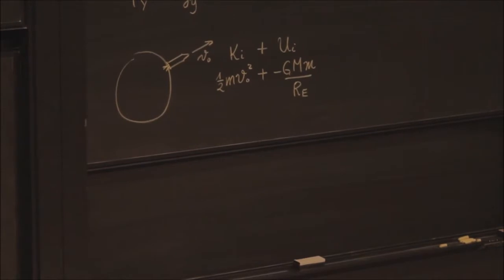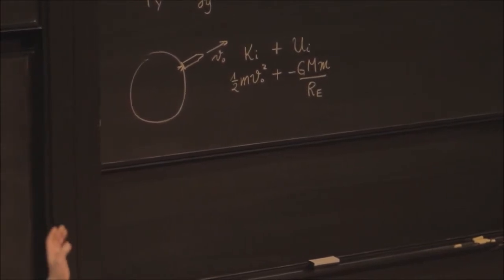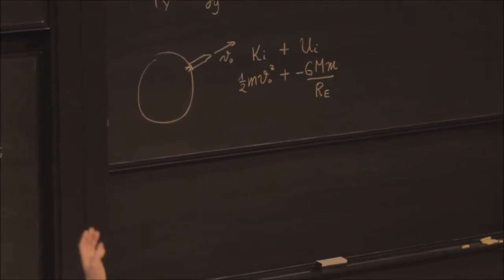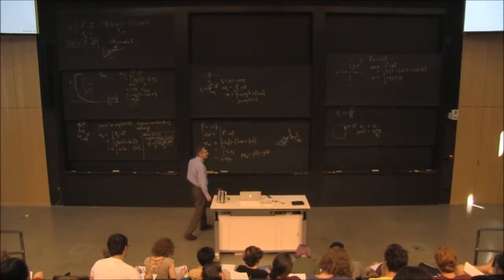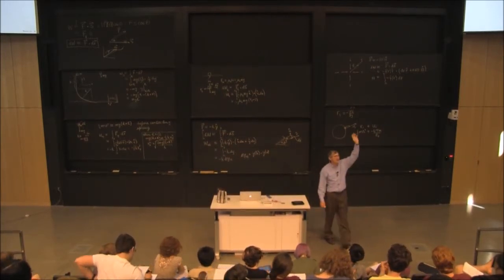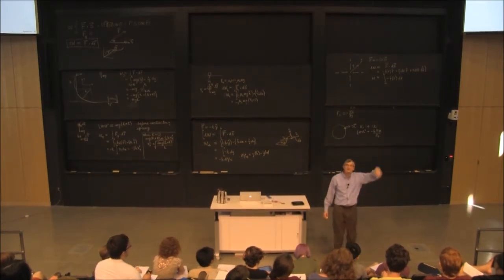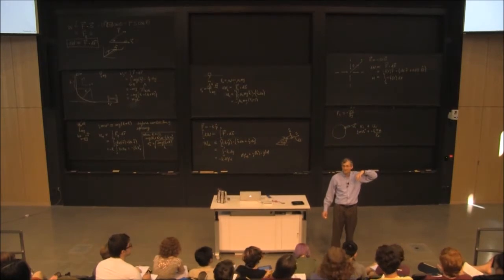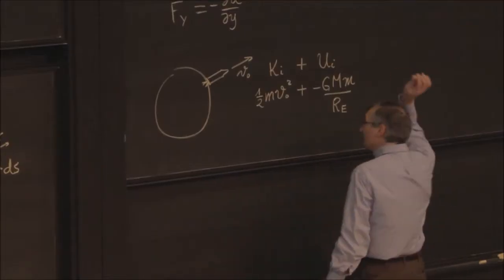Is energy conserved as it coasts? Okay, so we have to ask, are there any non-conservative forces on it as it's flying away? Friction. So we're going to assume that we're outside the atmosphere and we can neglect friction.